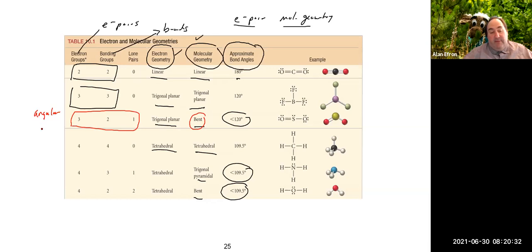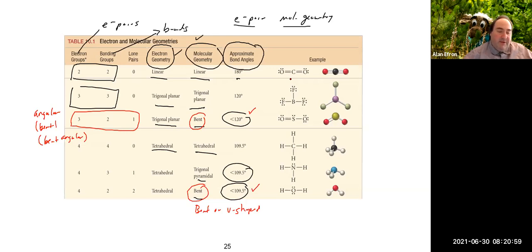And like I said, sometimes people even put them together, bent, angular. And there really is a difference, as we talked about, between that and this one down here, which is bent or V-shaped. The difference is in the bond angle, between 120 and 109.5.